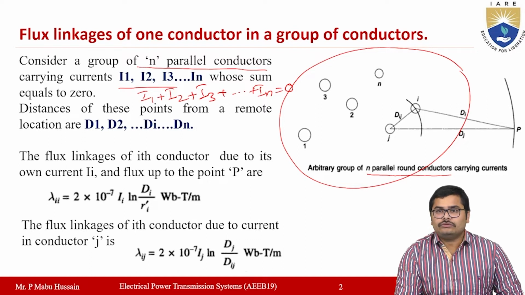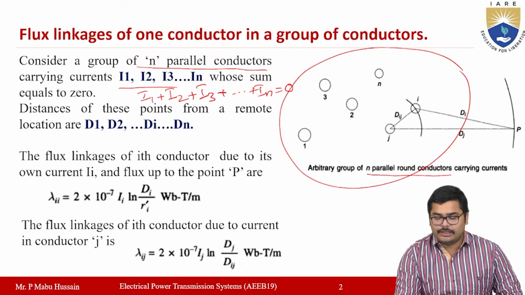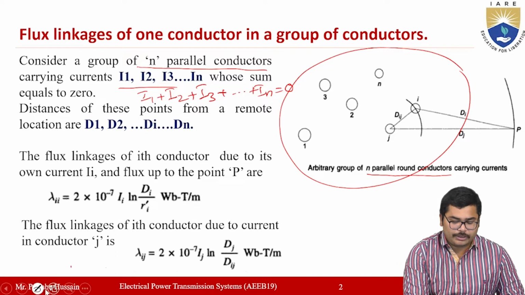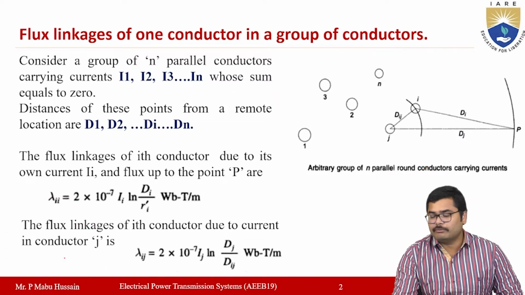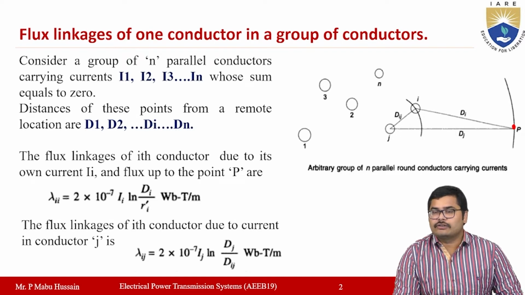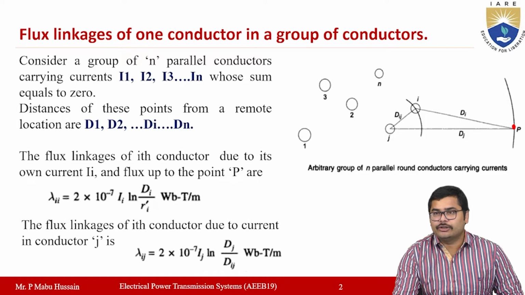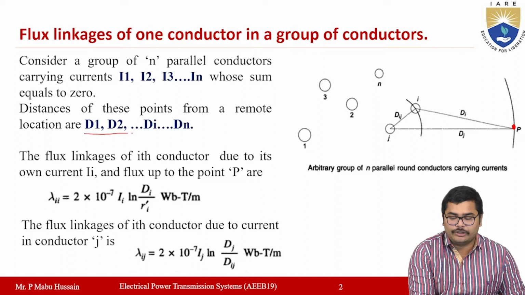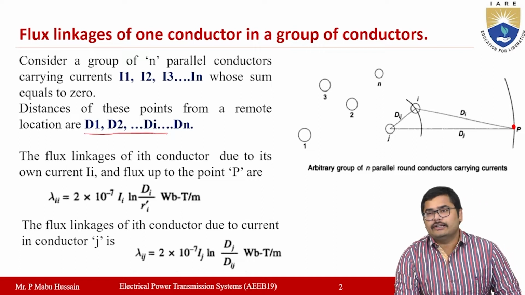Now consider a point P, which is far away from the conductors. The distances from this point P to all conductors can be represented with D1, D2, Di and Dn.